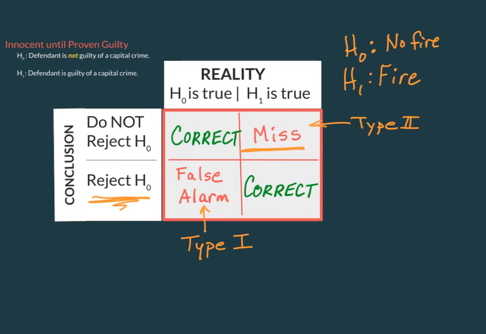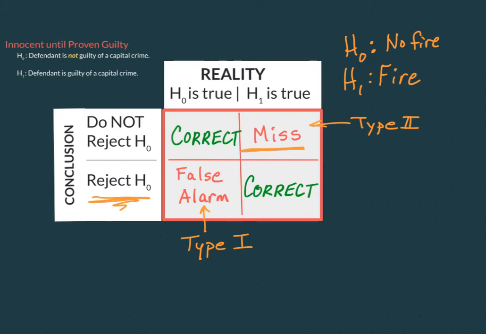A smoke detector that is so heavily weighted against having false alarms that it misses real fires? No, we want to weight it the other way. We'd rather have some false alarms, but really be warned when our life is in danger from fire. So in this case, we tend to skew the way we set up our smoke detectors the opposite way from which we set up our justice system.